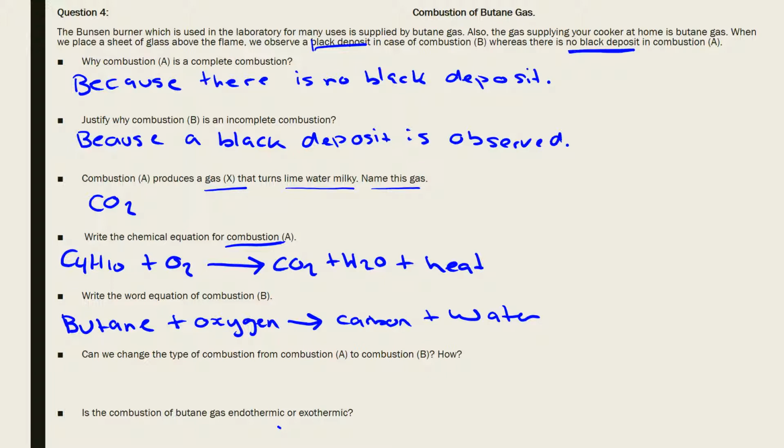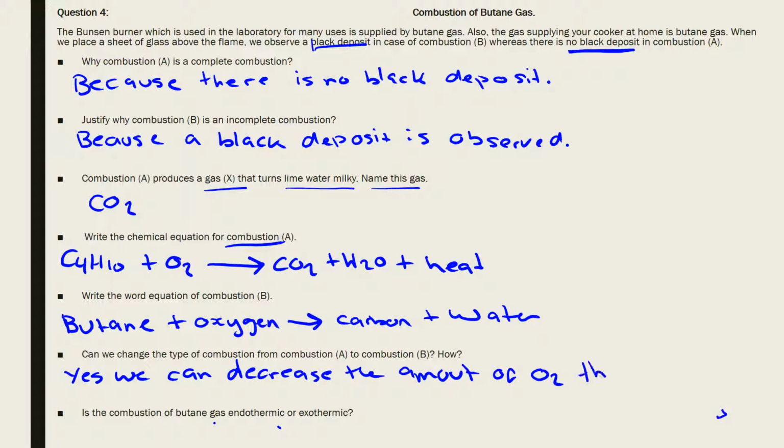So what we can do is decrease the amount of oxygen supplied to the butane gas.